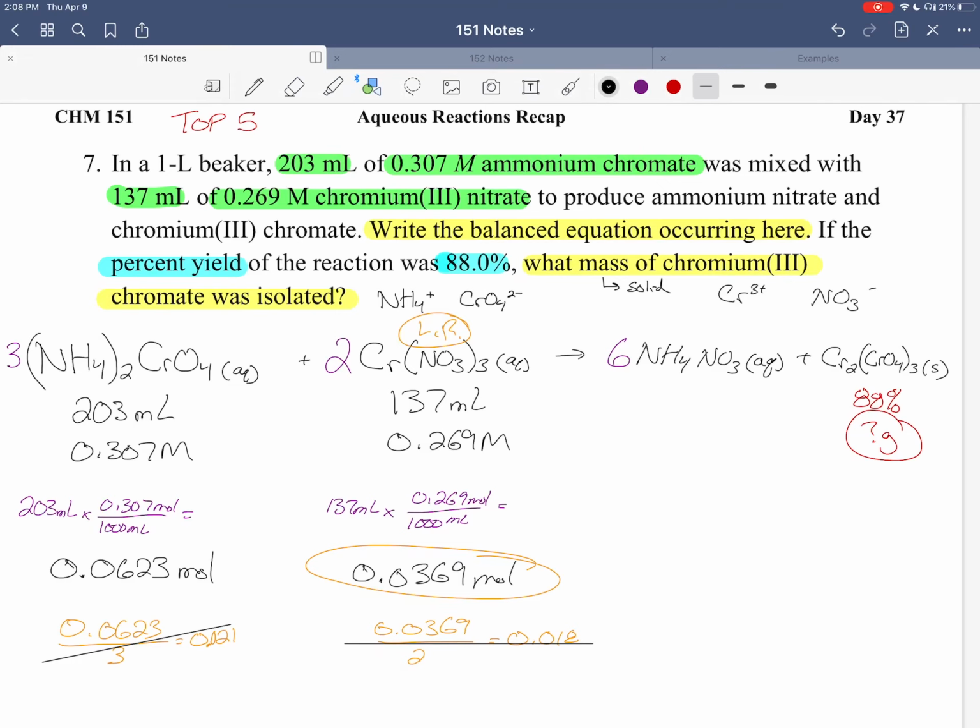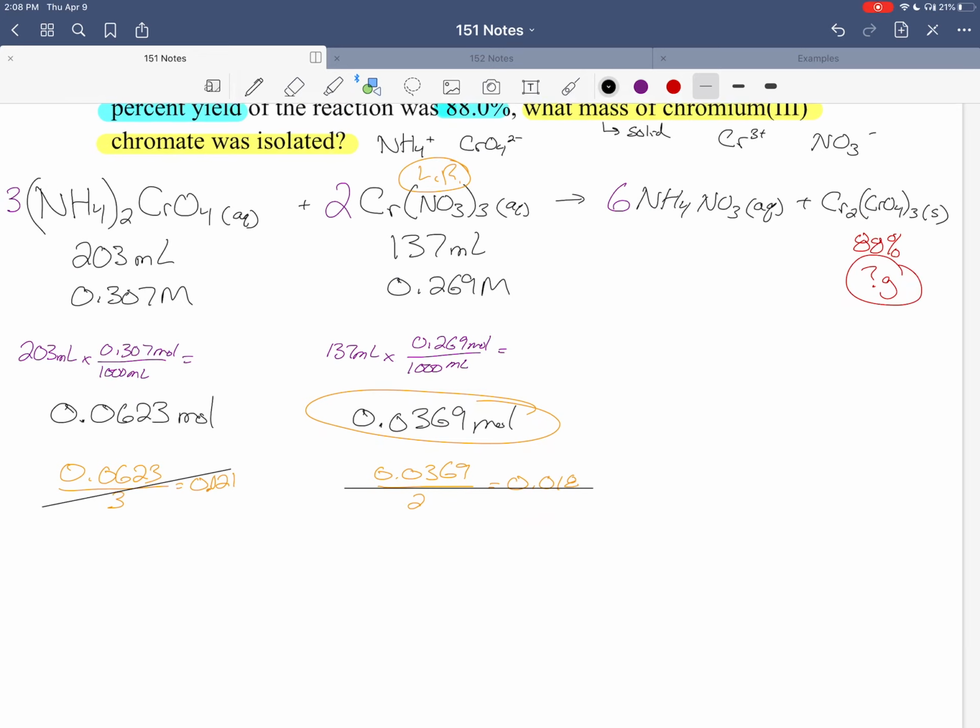So we're going to take moles of limiting reactant, which are 0.0369 moles Cr(NO3)3. Then I have to ask myself, what goes on the bottom?